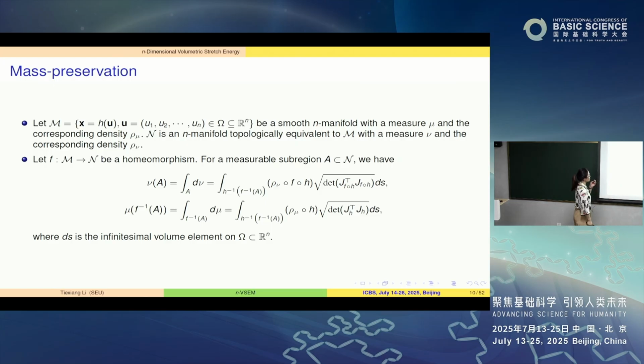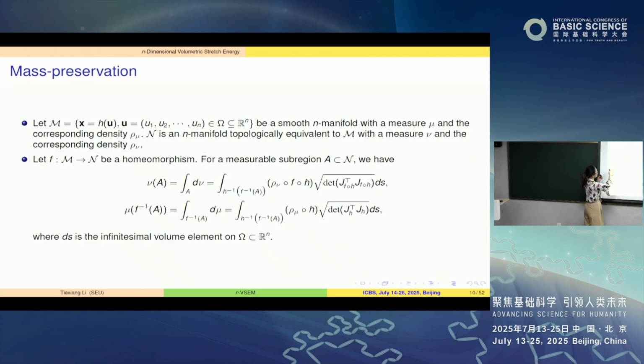So let M be a smooth N manifold with a measure mu and the corresponding density rho mu. And the target manifold N is an N manifold topologically equivalent to M with the measure nu and the corresponding density rho nu. So we have M and N in R^n space.